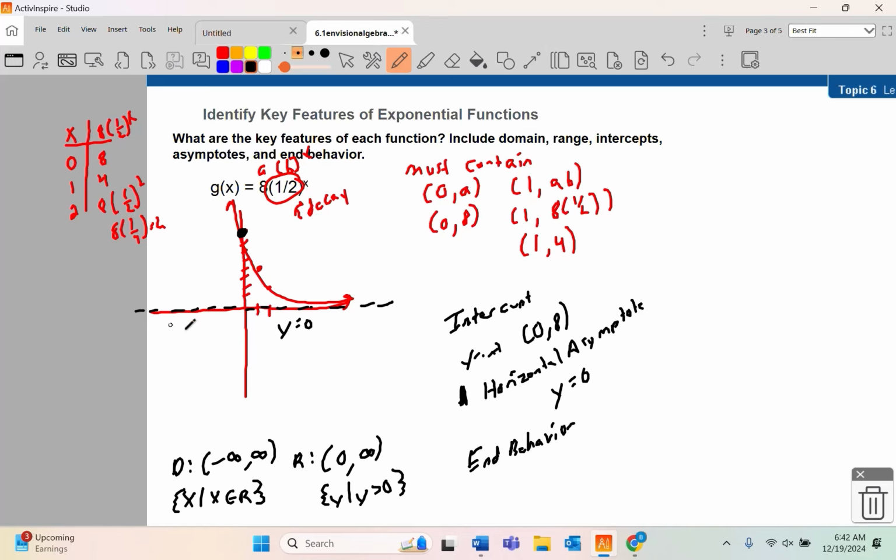But as x runs left, which means I'm running towards negative infinity, the y value is increasing. Also, as x runs right to infinity, the y value is approaching 0. All right, 2 down, 3 slides to go.